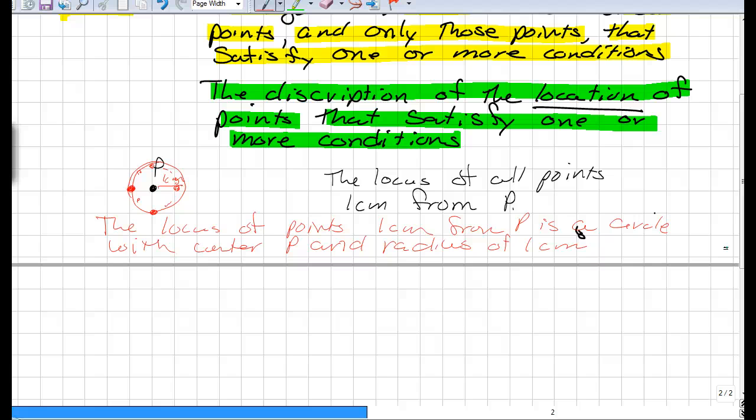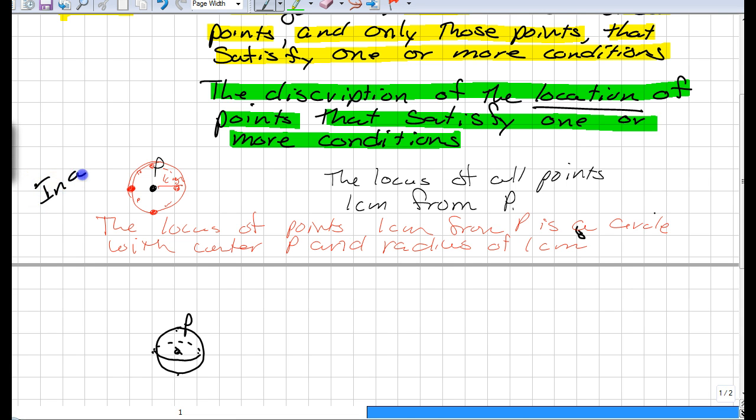Now, what if I went from a plane to space? So I still have point P, and I still want all the points 1 centimeter from P, but now I'm talking about in space. This was in a plane, so it's really important to know what dimension you're working in.